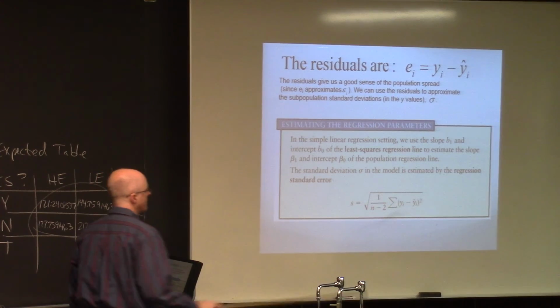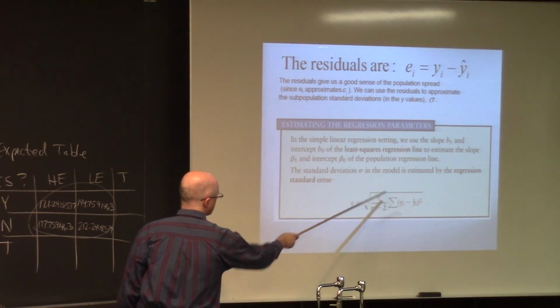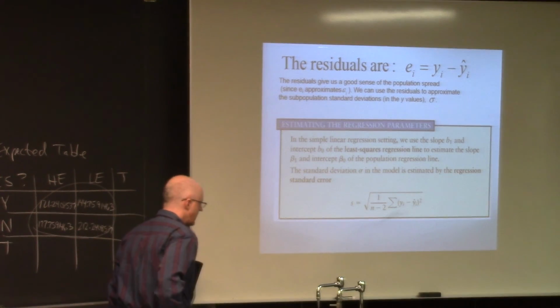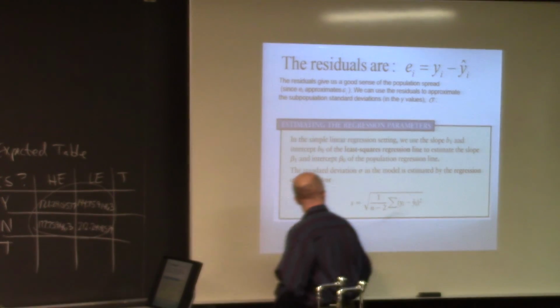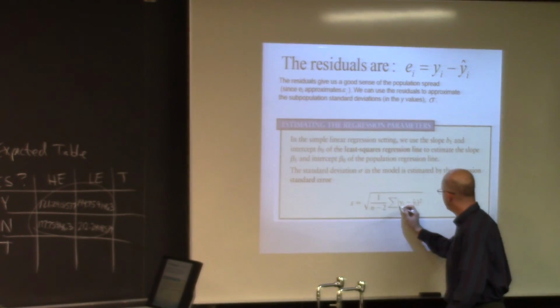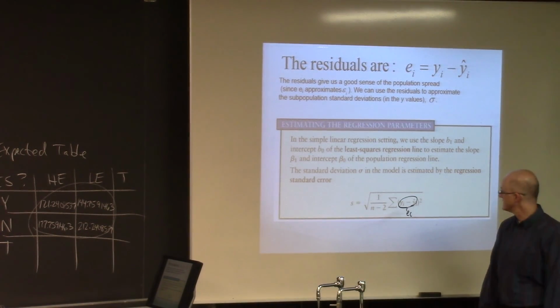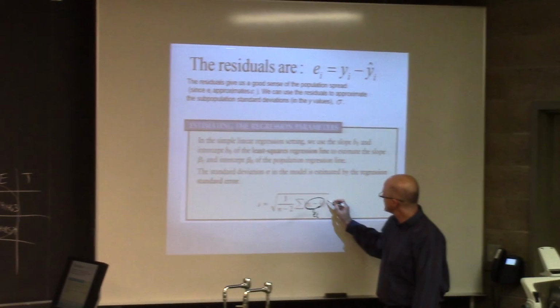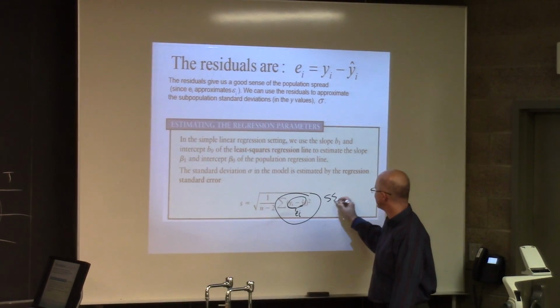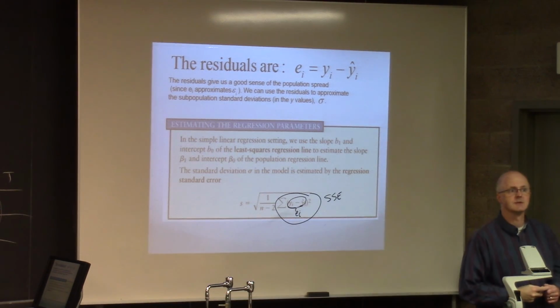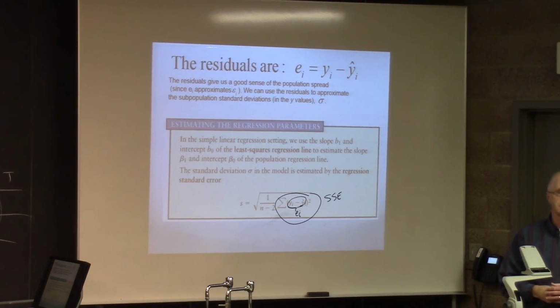You use this formula for it. Take the square root of 1 over n minus 2 times this summation. And we've seen that summation before. These are the residuals right here, the e_i. So you're squaring those residuals and adding up those squares. This whole thing is what we've called SSE, the sum of the squares of the errors, errors being synonymous with the residuals.